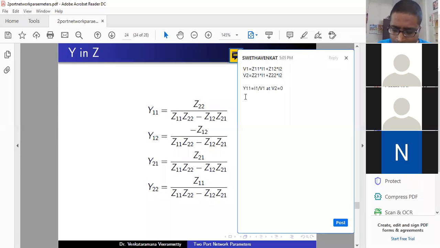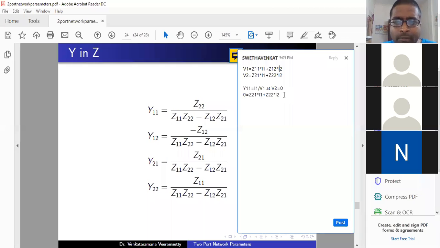That equation becomes 0 equal to Z21 into I1 plus Z22 multiplied with I2. Actually, what I want is Y11 equal to I1 by V1. Here I have V1 and I1, but I also have I2. If I can find I2 in terms of I1, then we can easily find the I1 by V1 ratio from the first equation.